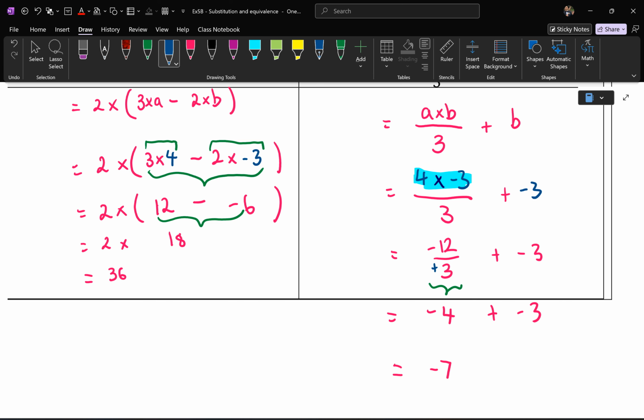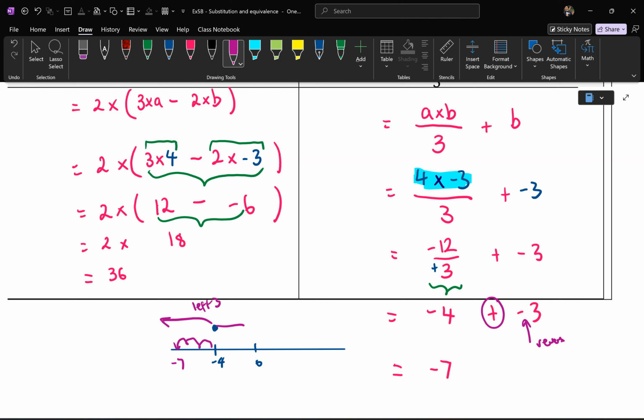If you didn't, can you please draw a number line to help you visualize? -4 is over here. Adding, so plus means go to the right, but then the minus means reverse. So it means go to the left now instead. Go to the left by 3. So you can see on the number line, if you keep going further left, you end up at -7. 1, 2, 3.